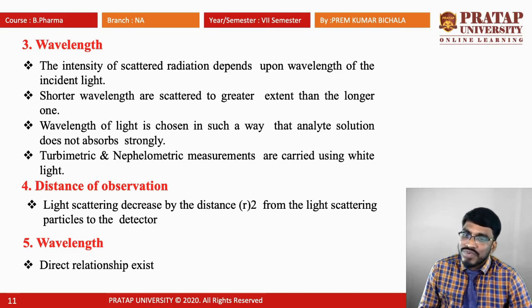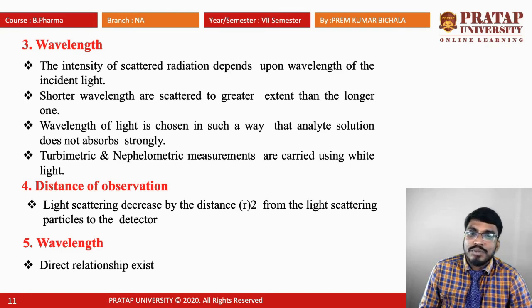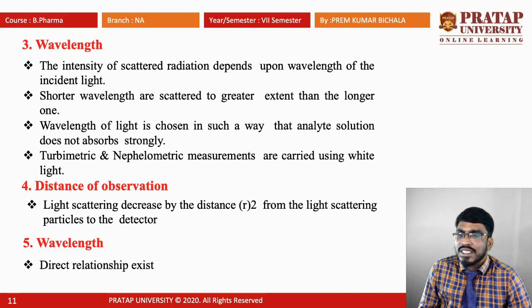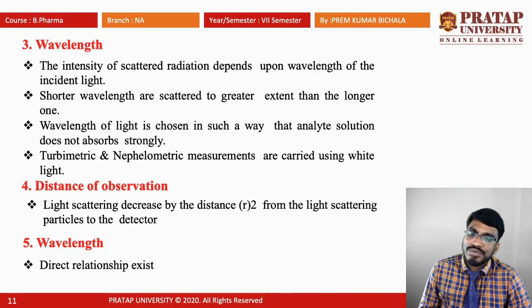The fourth factor is distance of observation. Light scattering decreases with the distance from the light scattering particles to the detector, following r squared. And finally, with wavelength we get a direct relationship.